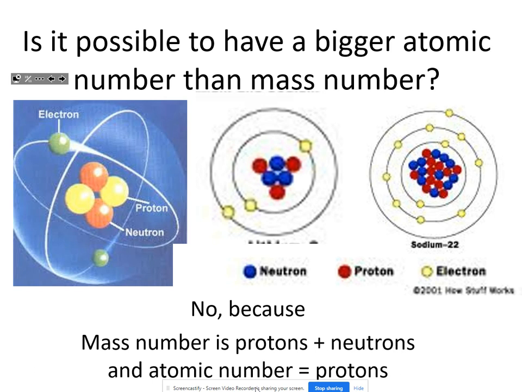The mass number is protons plus neutrons. The atomic number is just protons. At most, or at best, the number of protons and the mass number could be the same if there's no neutrons, but there could never be more protons than mass number because protons is a part of the mass number. All right?